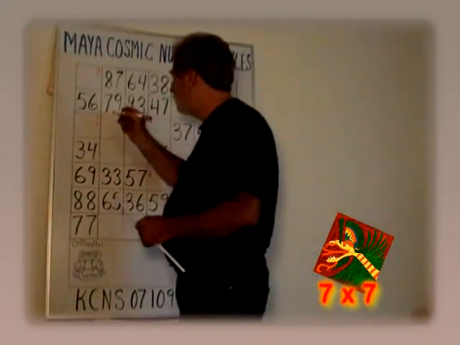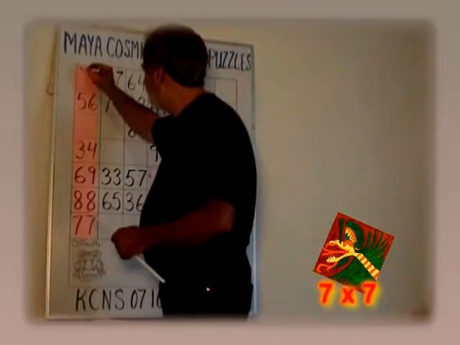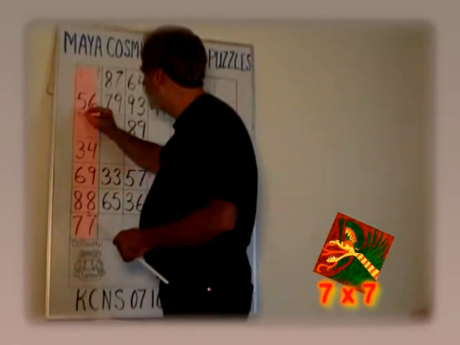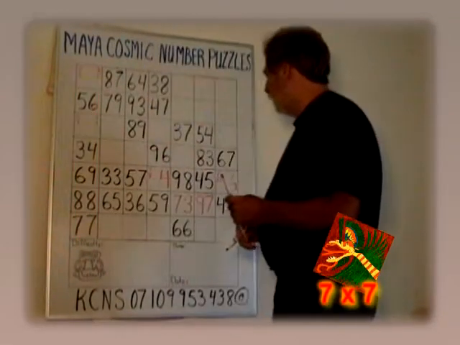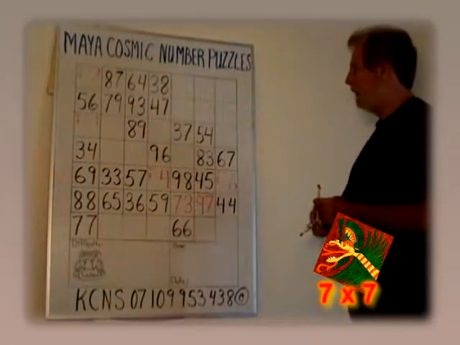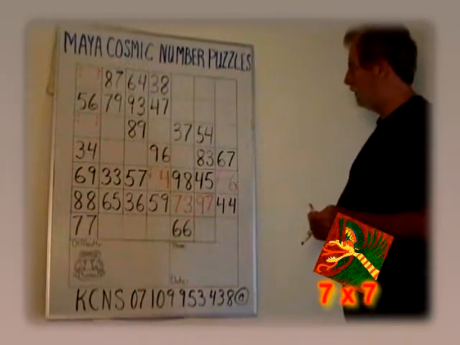So that leaves us with only being able to put in a 4 or a 9 here, a 4 or a 9 here. Then we look around to see what else we can solve for.